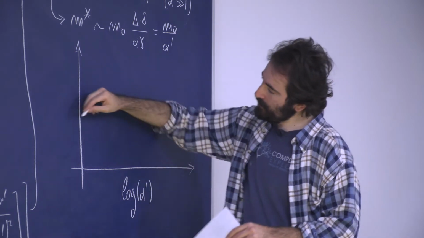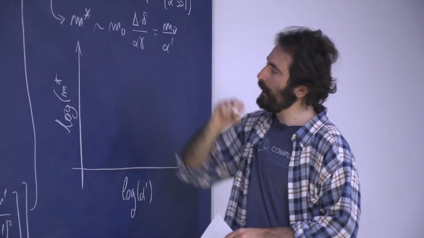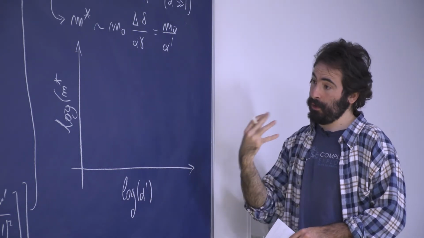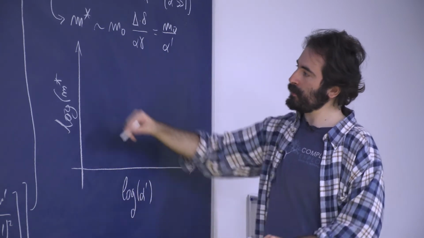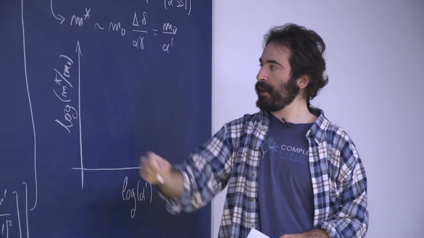And on the y-axis, I can plot the equilibrium value of the mRNA concentration, the true one, with our initial units, whichever they are, divided by this m naught that I defined over there.